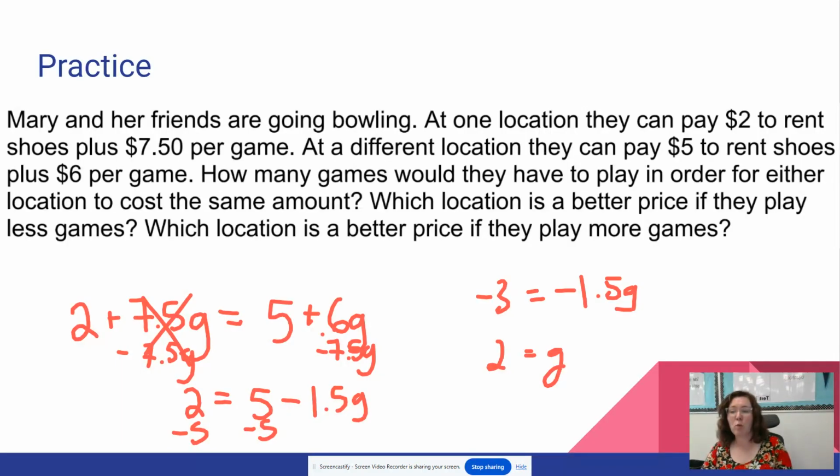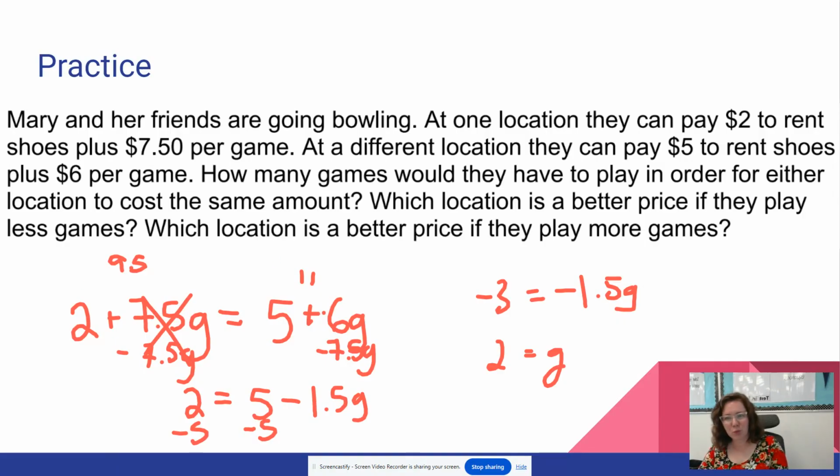Now, if we're only going to play one game, then this first one is $2 plus $7.50. That's $9.50. For this other one, for one game, it's $5 plus $6, which is $11. So for only one game, location A is better. For 2 games, they're the same price.